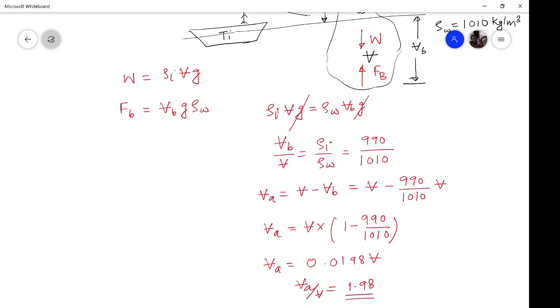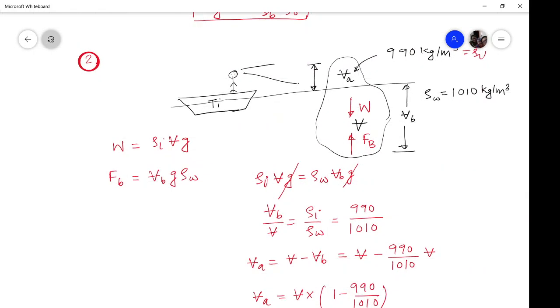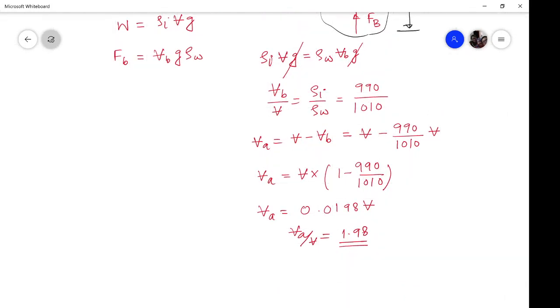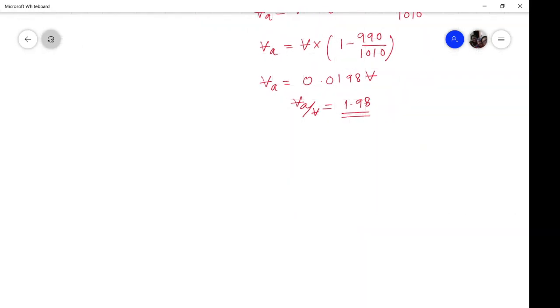So the rest will be beneath the sea level. Okay, so 98% will be below the water level. So that's why the person who watched the berg thought that they will be able to move by the side of this, but that doesn't happen because of the huge amount of berg beneath. Okay, so this can be one of the problems.